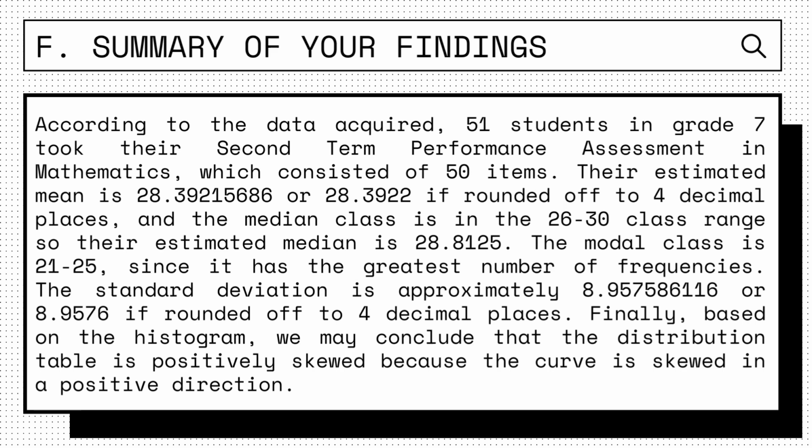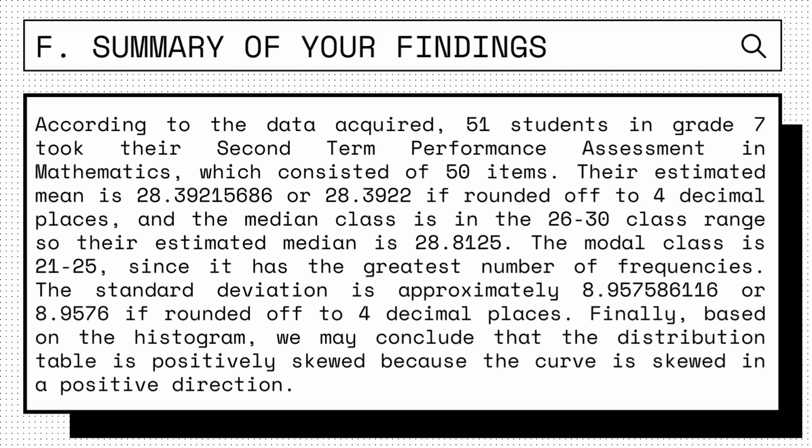And the median class is in the 26 to 30 class range, so their estimated median is 28.8125. The modal class is 21 to 25 since it has the greatest number of frequencies. The standard deviation is approximately 8.95758616 or 8.9576 if rounded off to 4 decimal places.